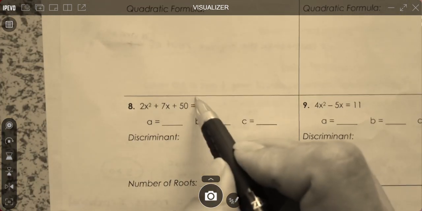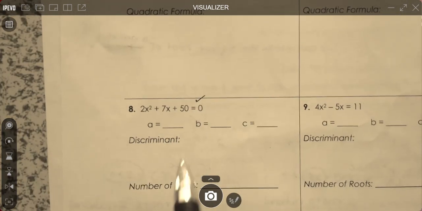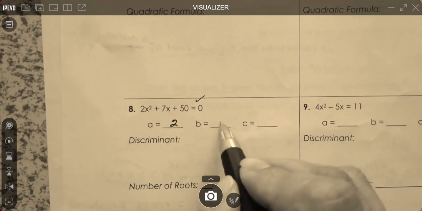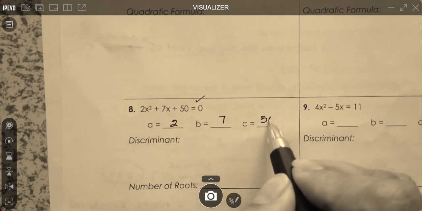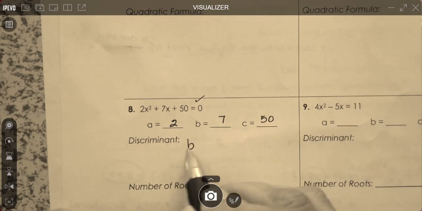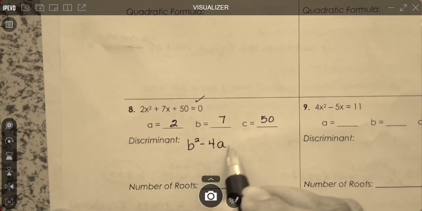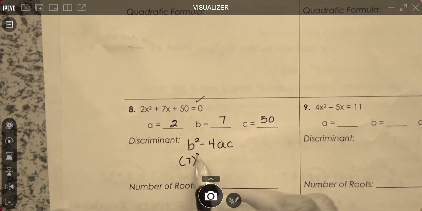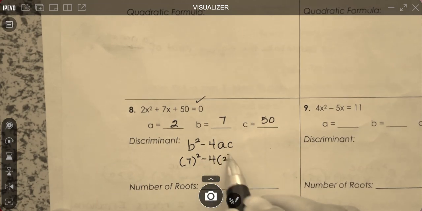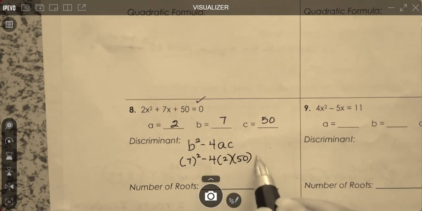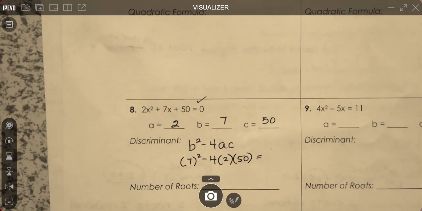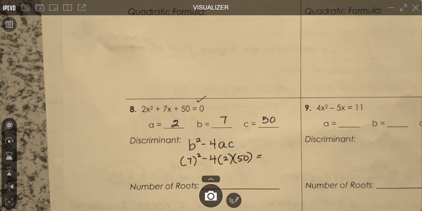Clear? All right, with this one, once again, it equals 0, so we're good. Your ABCs, let me know if you disagree. Go ahead and start calculating your discriminant. All right, using your calculator.